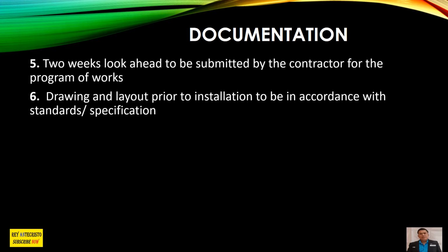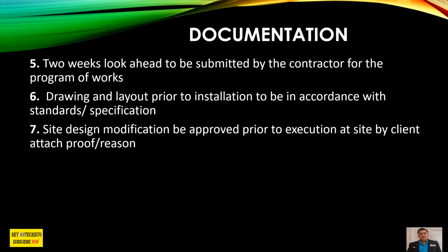Okay, and then number 7, site design modification to be approved prior to execution at site by client. Attach proof reason. This is the most important thing, because sometimes we cannot depend on the design.